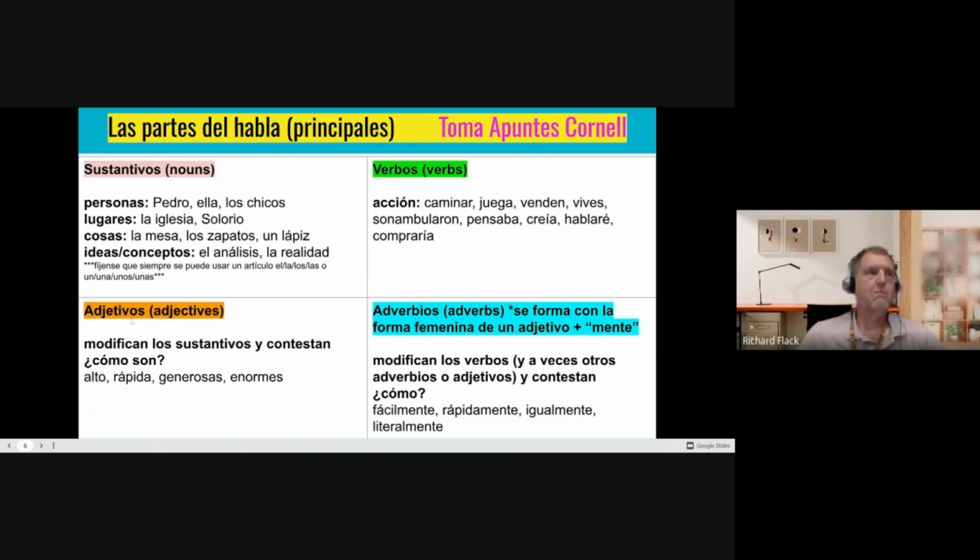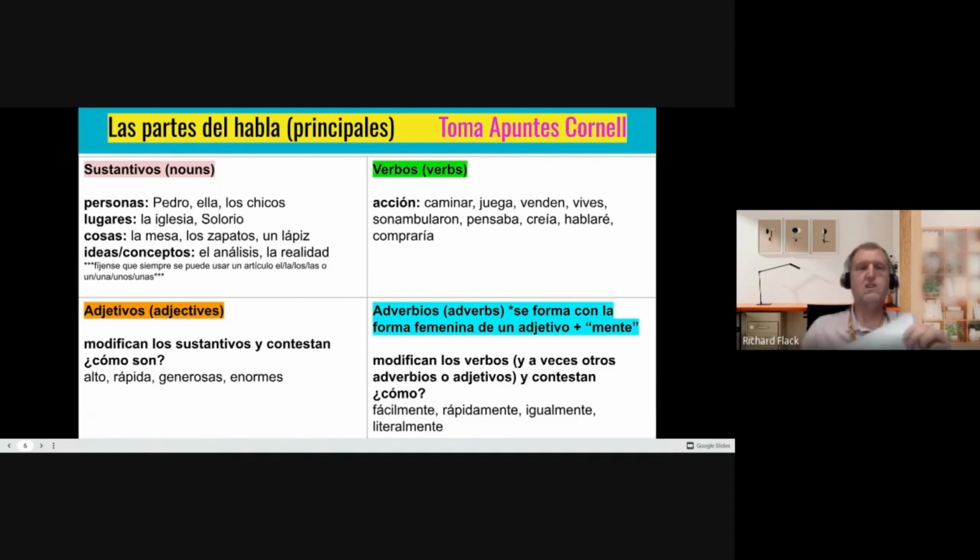Adjetivos, down in the bottom left, adjetivos are adjectives. Adjectives modify nouns. So I know some of your teachers in the past might have told you they describe nouns. I don't like that because some words don't sound very descriptive. So I prefer the word modify. They tell us, or they answer, cómo son. How are they? What are they like?